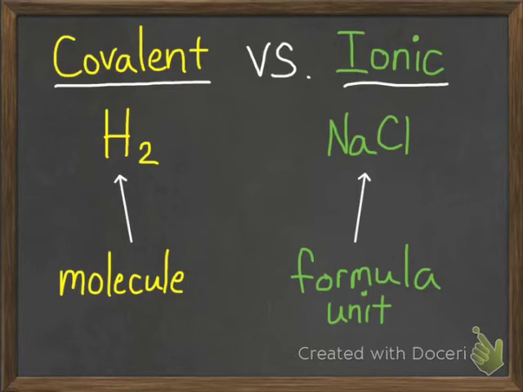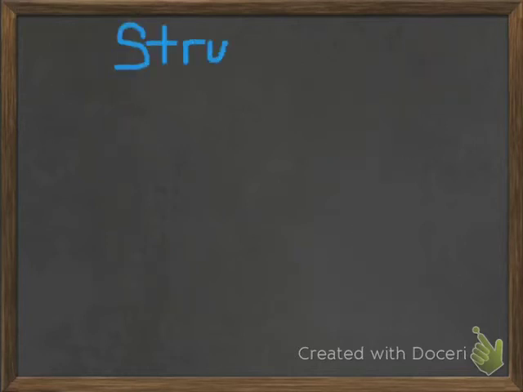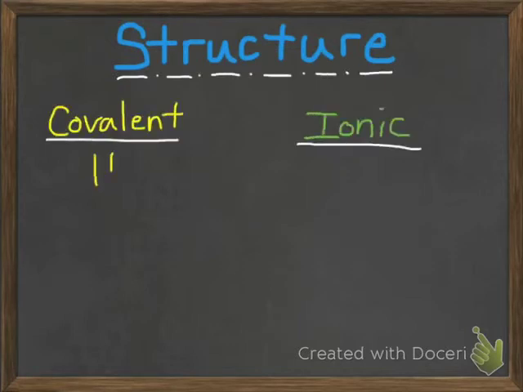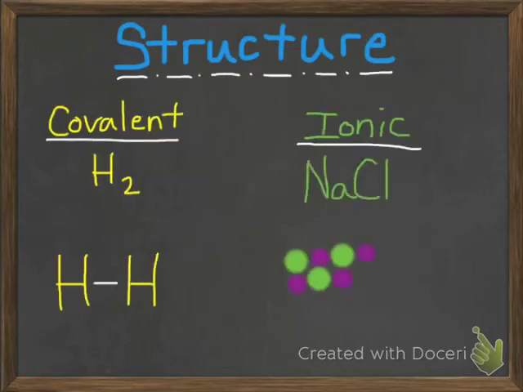Now in ionic compounds, for instance, sodium chloride, that's something called a formula unit. And what we're getting ready to do in a second is look at the structure of covalent compounds compared to ionic compounds. So in covalent compounds, we have a hydrogen bonded to a hydrogen. And that is actually what we would call a molecule.